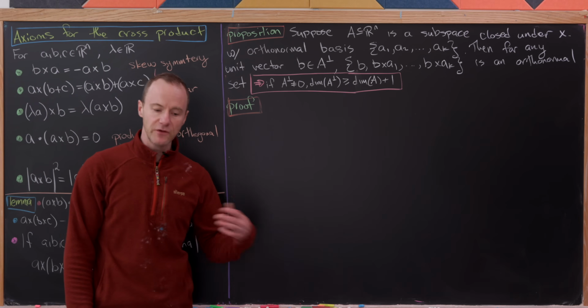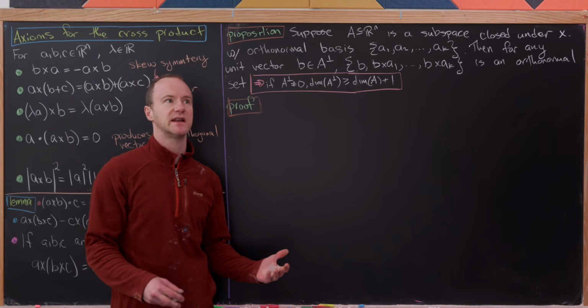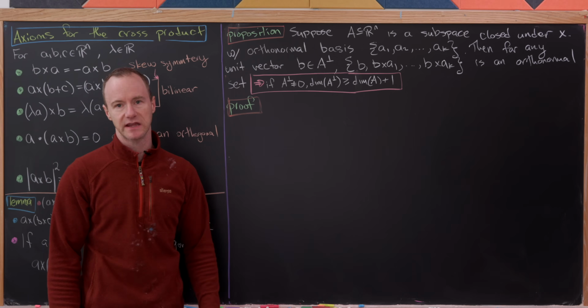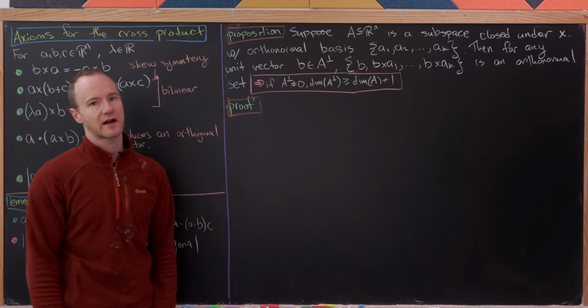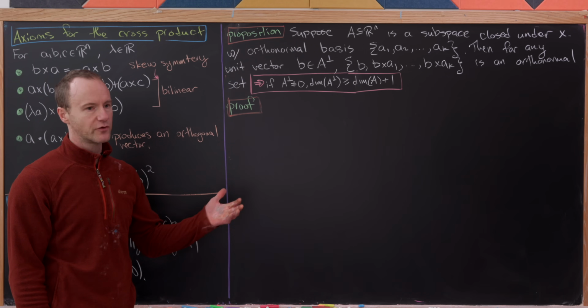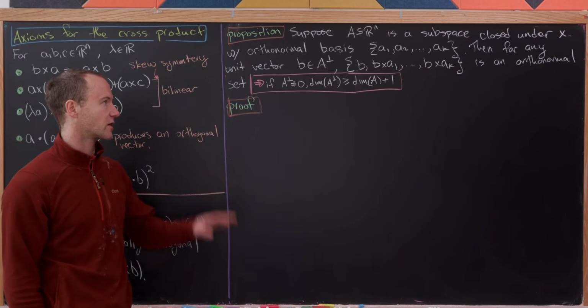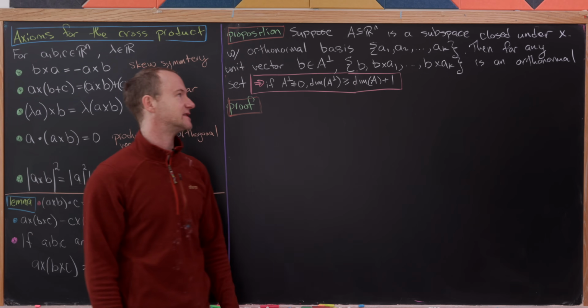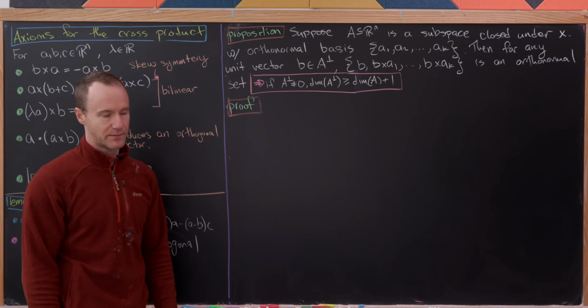But let's recall, if you've got an orthogonal set, well, that set is automatically linearly independent. That's a standard fact from linear algebra. But orthonormal is just a special type of orthogonal. That means this set is automatically linearly independent.